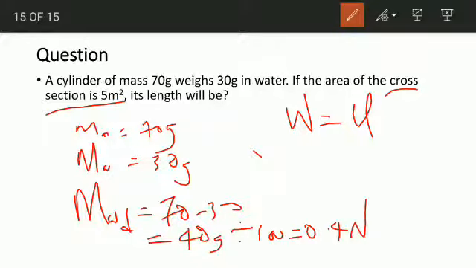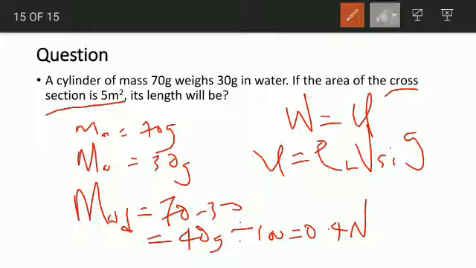Okay, so the weight is not given here, but we know that the upthrust is equal to the density of the liquid times volume of the solid that is immersed, times acceleration due to gravity.